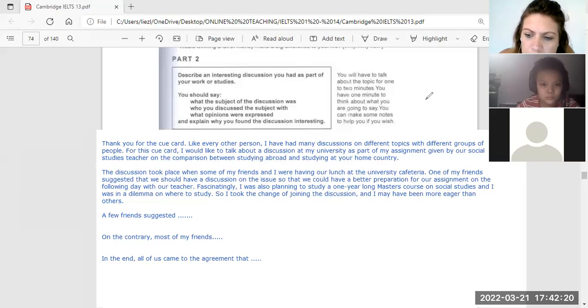One of my friends suggested we should set up a robot with a brain. These opinions were divided into two groups.